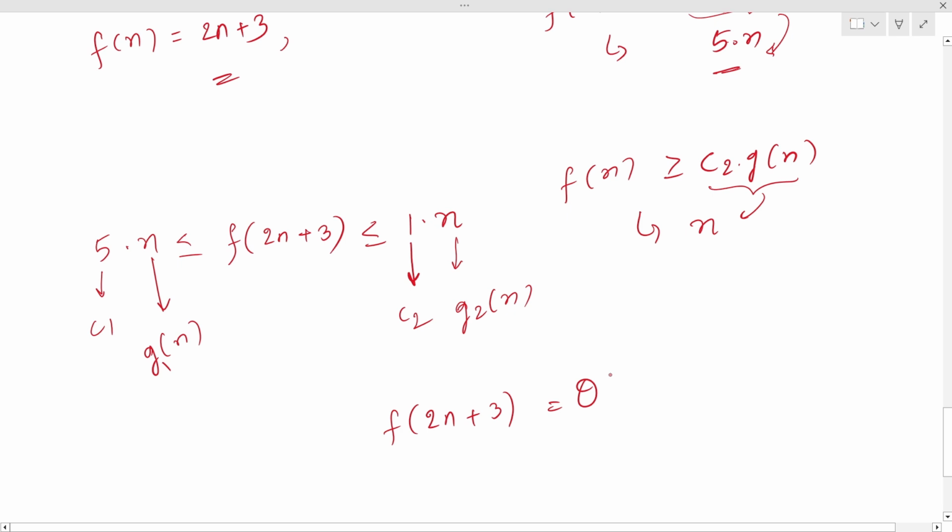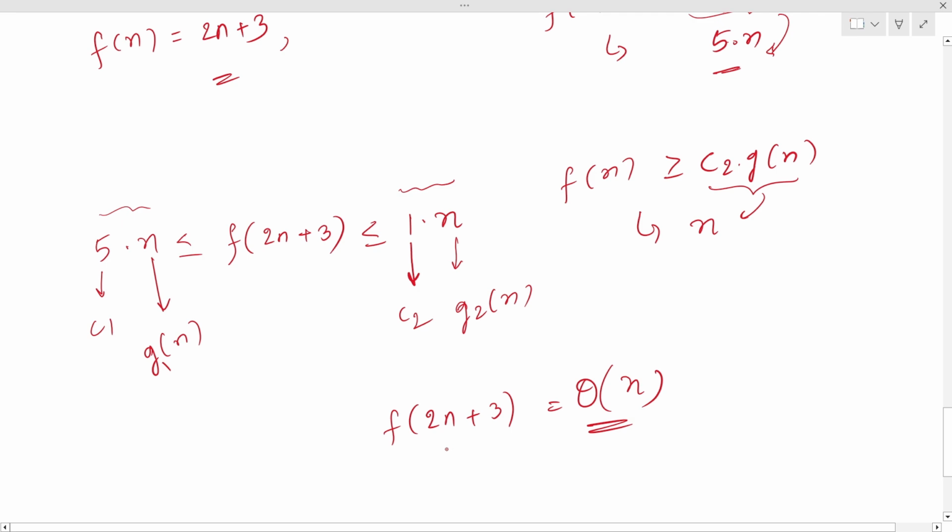So basically, what will this g of n be? It will be the functions which are between these both things. It can either be 5n or it can be n, but the most suitable would be something like n, right?